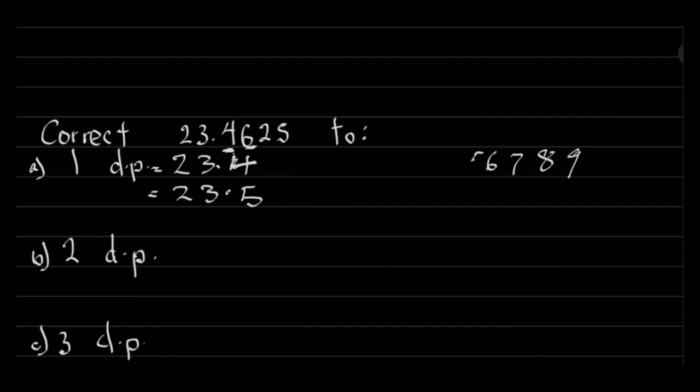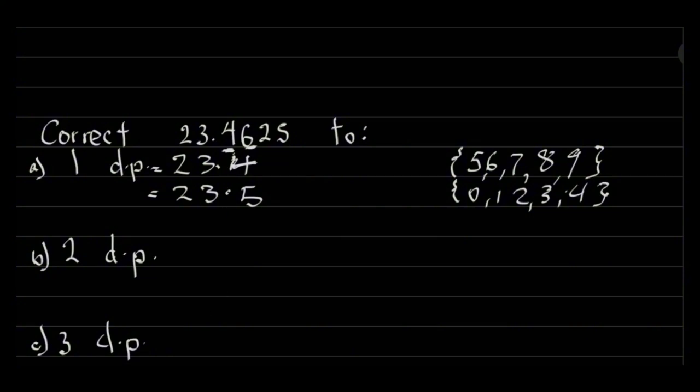I think I left this out. So if the number after the decimal place you are running up to is either 5, 6, 7, 8 or 9, you add 1 to the number. But if it is 0, 1, 2, 3 or 4, you leave it like that.